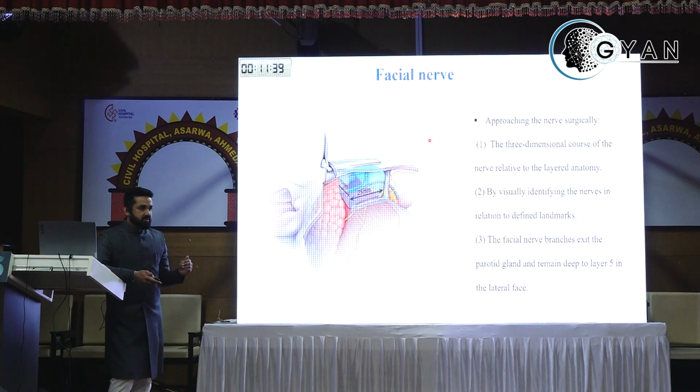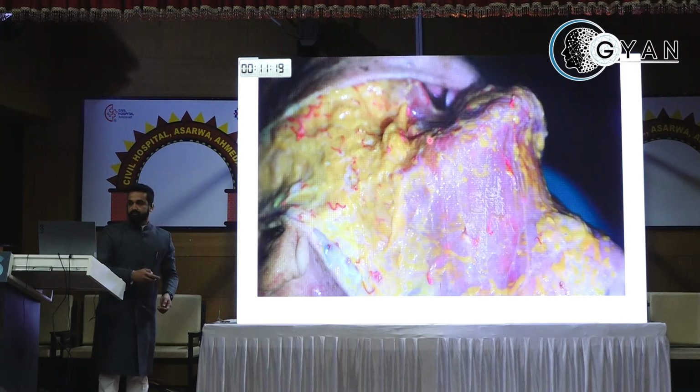But what happens when the nerve goes into the anterior border of the masseter? It dives down into the deeper layers, right? So when you're dissecting, as long as you're superficial, you're fine, but once you go into the deep plane facelifts, you might encounter these nerves.